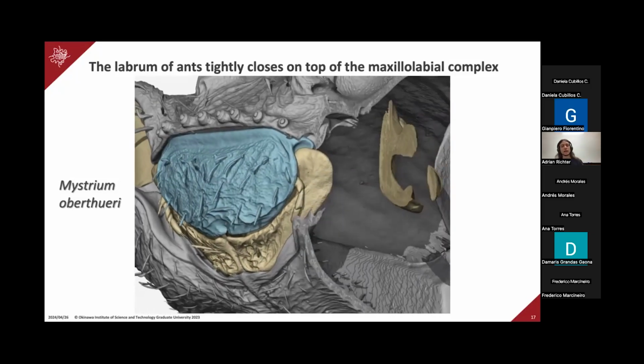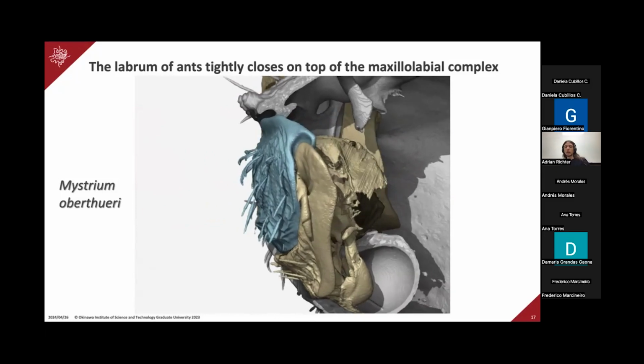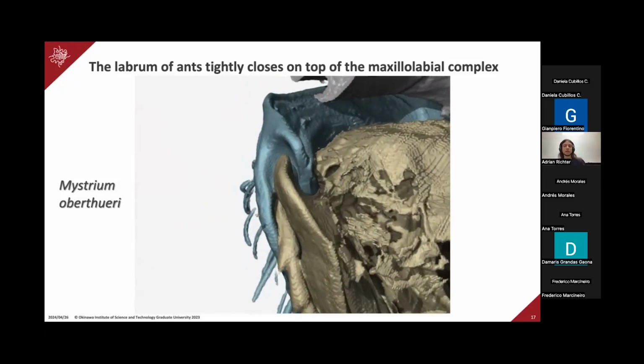And this tight fit between the mouthparts is enabled by a novel interlocking mechanism. So you see here that the labrum has this basal process, this basal hook, and the maxilla, when the mouthparts are closed, presses against this hook.